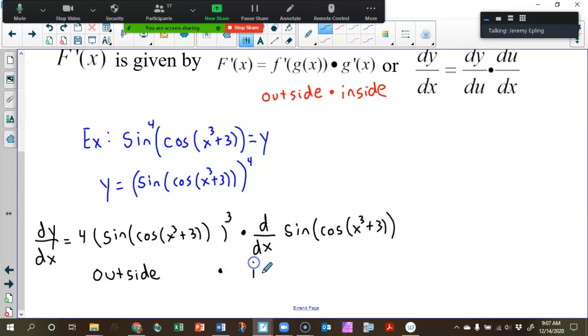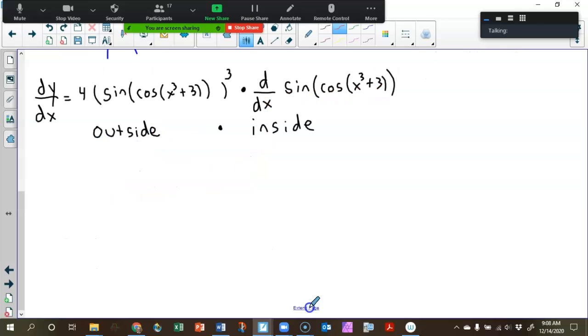Now, the reason this looked like it was going to be this really, really hard problem when we start is because this inside piece is function composition. So the inside piece is going to have chain rule in it. But if I understand chain rule, I don't have any trouble with this. I can do this as much as you want. So 4 sine cubed cosine x cubed plus 3.